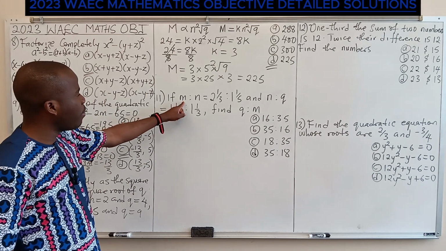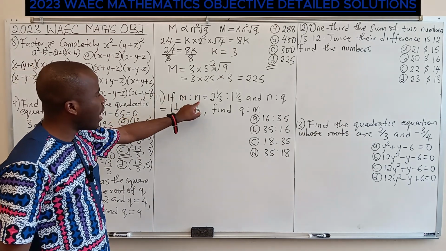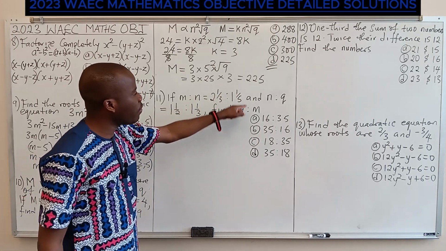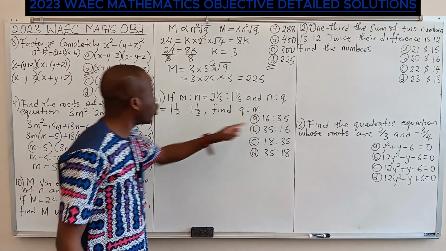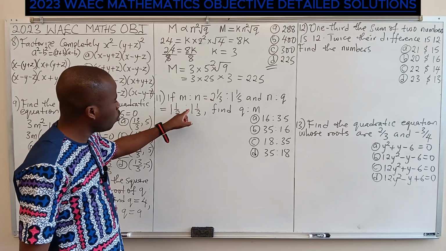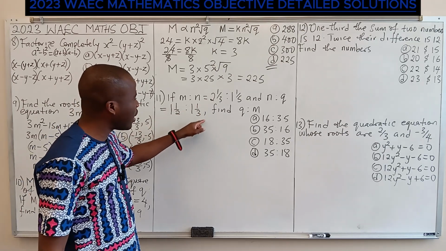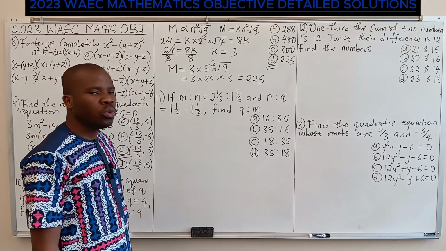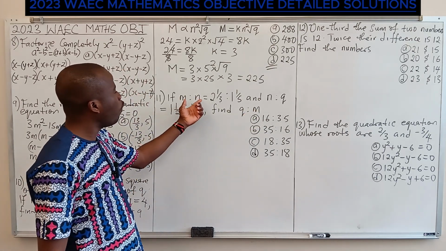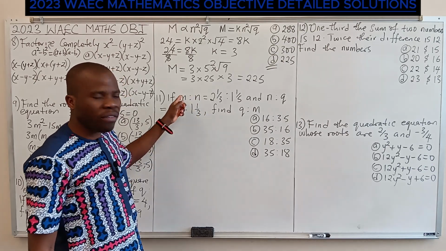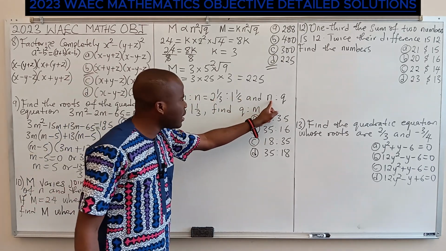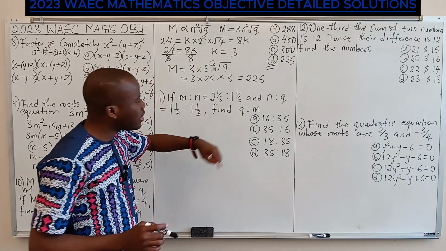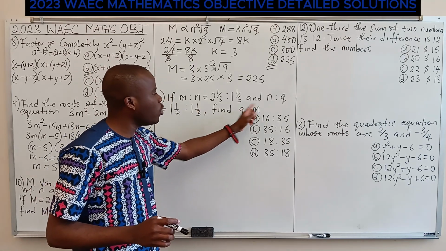If m ratio n is 2 1/3 ratio 1 1/5 and n ratio q is 1/2 ratio 1 1/3, find q ratio m. So what we'll do here is we'll find m in terms of n and also find n in terms of q, and then equate both sides together so that we will get the relationship between q ratio m.